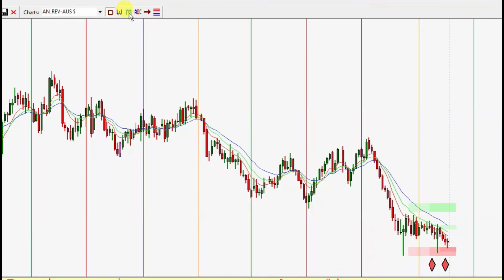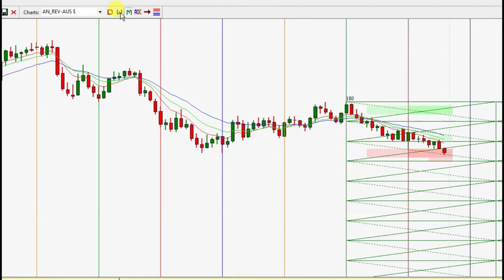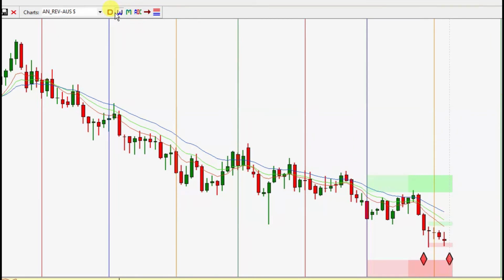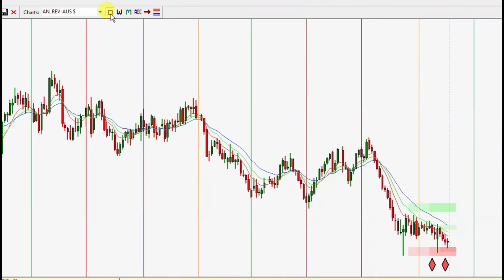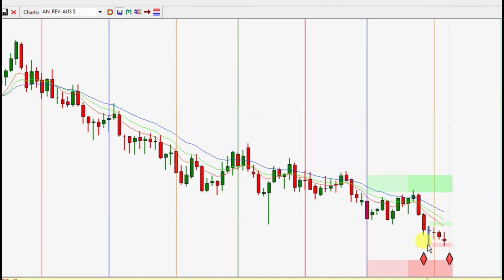So we looked at the monthly, we looked at the weekly, we looked at the daily, we looked at the F dates for the weekly and the daily. We can see that all time frames have the low in oversold territory. That's the red zone. Here's the weekly. You can see here in the short term oversold zone.